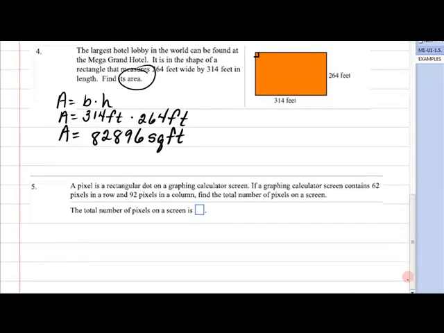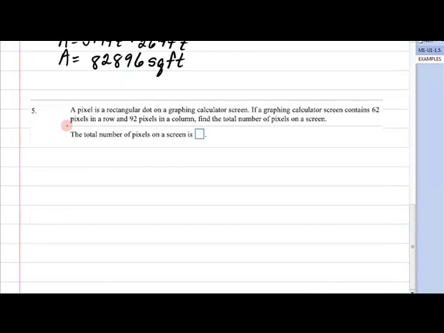All right, the last question says, a pixel is a rectangular dot on a graphing calculator screen. If a graphing calculator screen contains 62 pixels in a row and 92 pixels in a column, find the total number of pixels on the screen. Okay, so although this screen is measured in pixels, it is 62 pixels from left to right. It is 92 pixels from top to bottom.